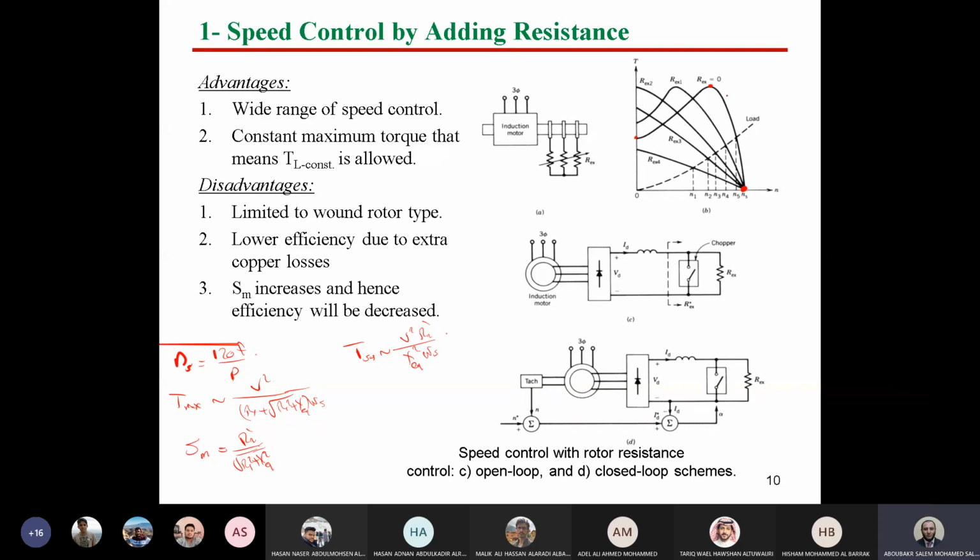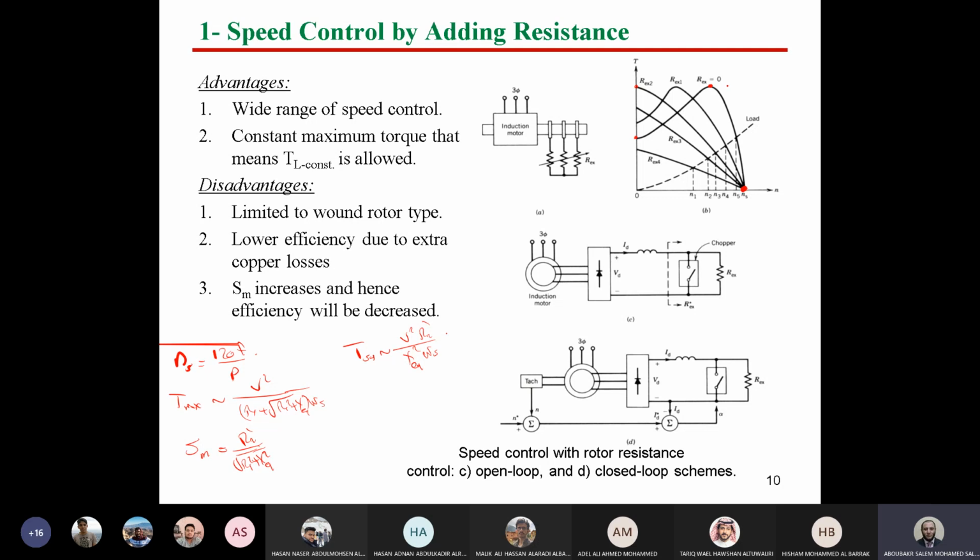So as you can see, if you add more resistance, the value of T starting is increasing. However, the value of R here is greater than that value. So this is valid only until having T starting equal to T maximum. Look at this curve. We call it the natural curve, which means external resistance equals 0. We don't have any added resistance here. So this is called the natural characteristic.